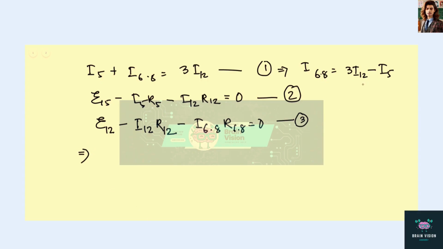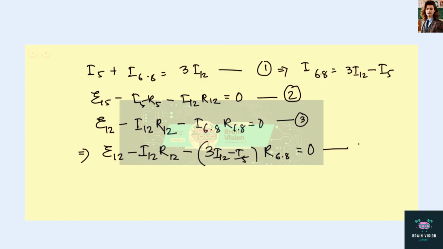So plugging this over here, we'll get E12 minus I12 R12 minus I6.8 times R6.8 equal to 0.